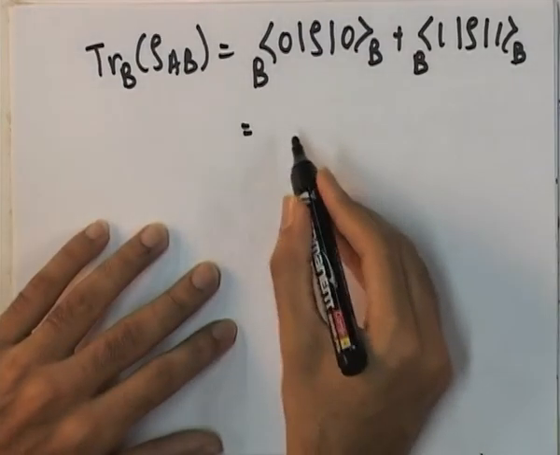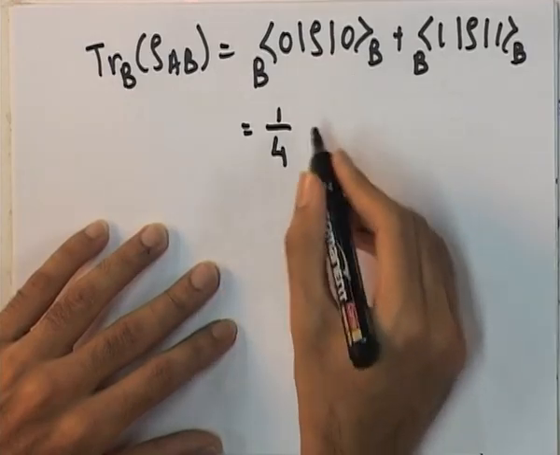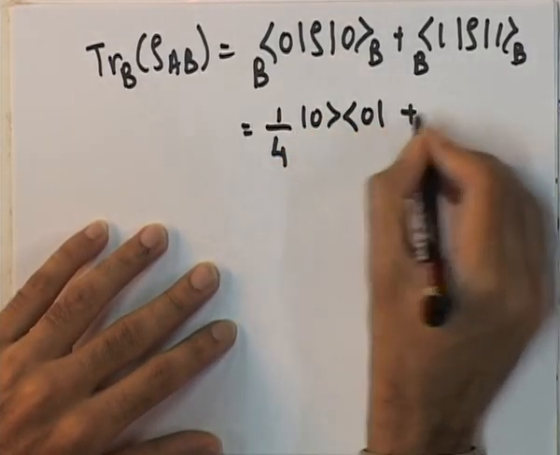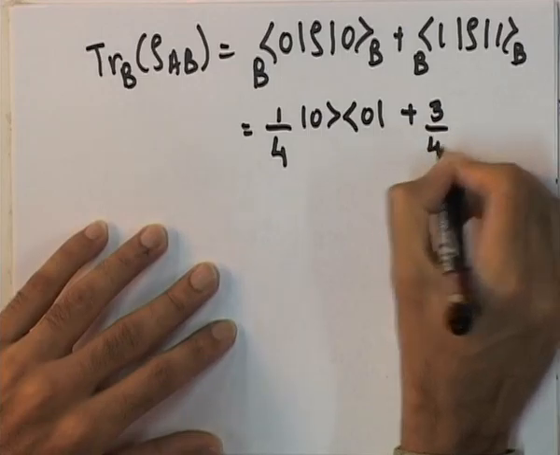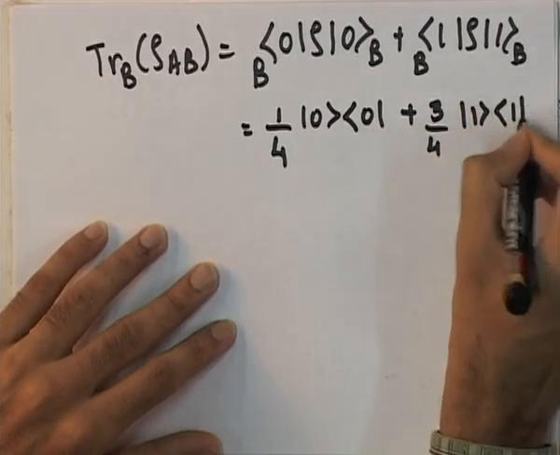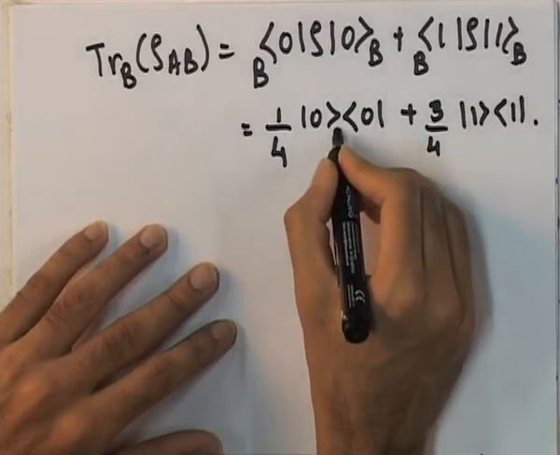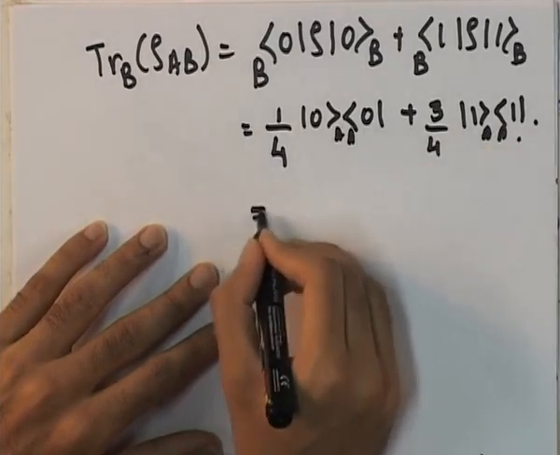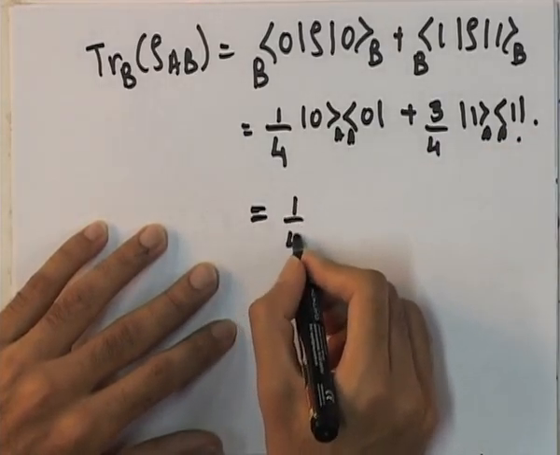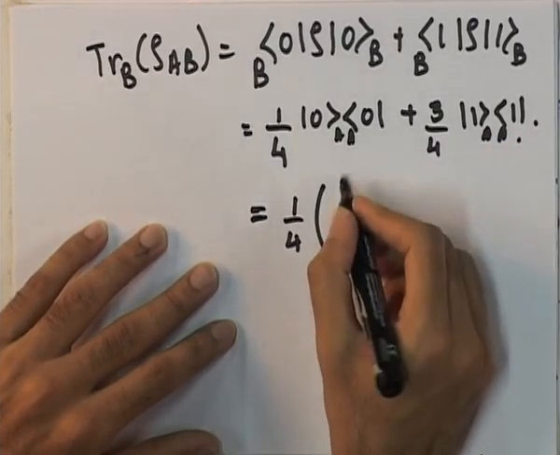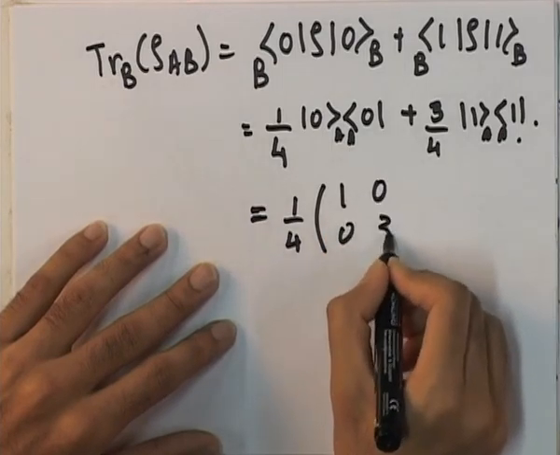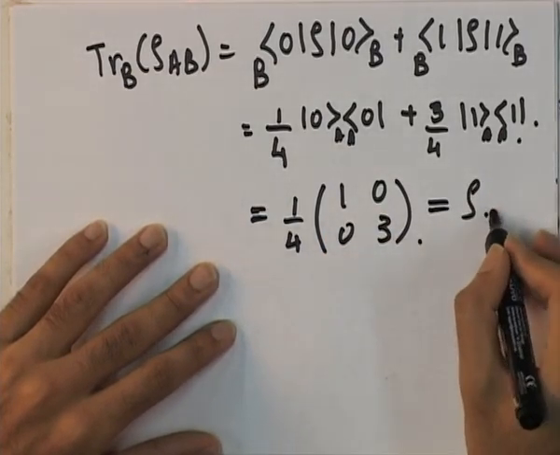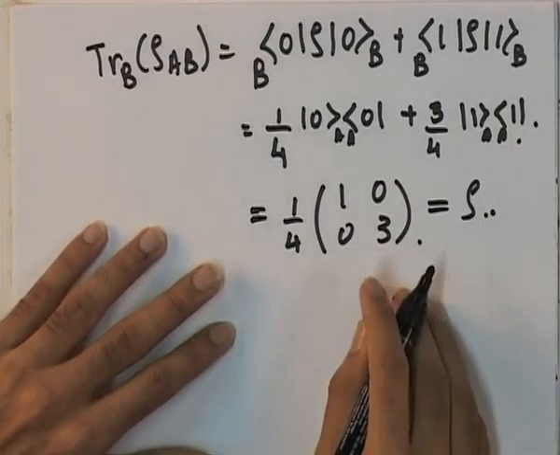So we get 1 by 4 times |0><0| plus 3 by 4 times |1><1|, for the state A. In matrix representation, this turns out to be 1 upon 4 times [1, 0; 0, 3], which is the same as the rho which was given to us. So option B is correct.